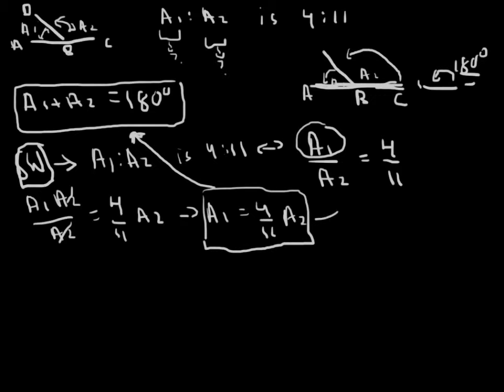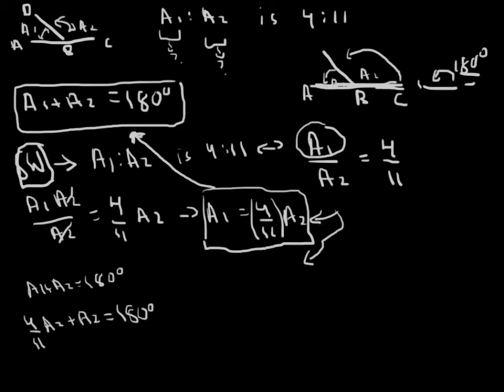You can kind of see from this that A1 is just a fraction amount of A2. So we sub that into the equation above. We know that A1 plus A2 is 180 degrees. Sub in for A1: 4 over 11 A2 plus A2 is 180 degrees.